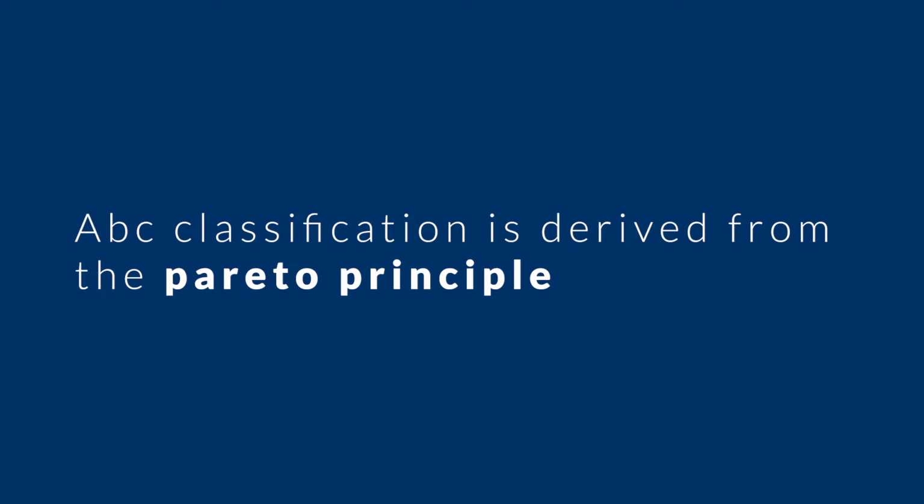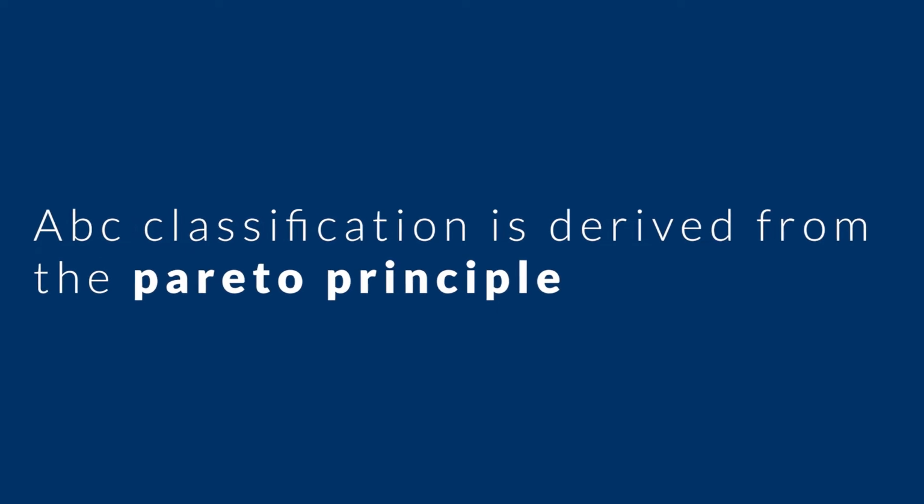So let's talk about classifying stock in terms of cost. In this case, we have ABC classification of stock. ABC is derived from the Pareto principle, the 80-20 rule, which I'm hoping you're familiar with.